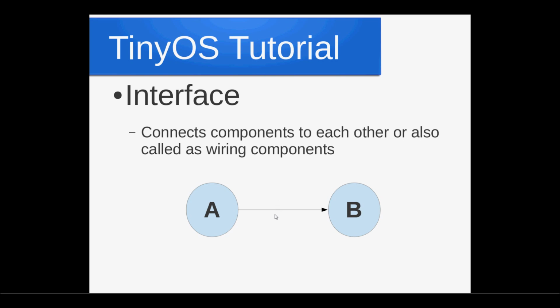This line would represent interface I, for example, and connects component A to component B. In TinyOS, component interfaces are not one-sided. So if you have a connection from A to B, you could have a connection at the same time from B to A. So interfaces are two-way in TinyOS. That's something that will become useful in the later steps that we're going to see.